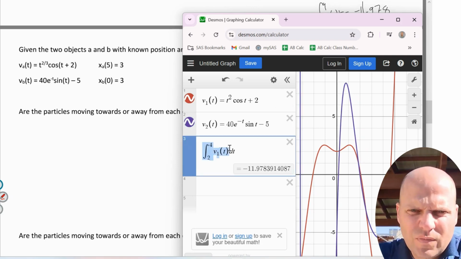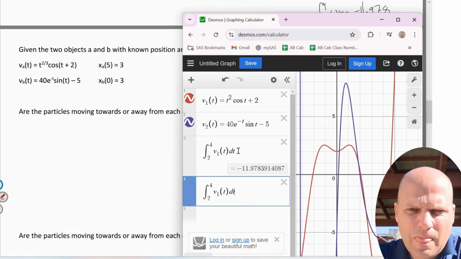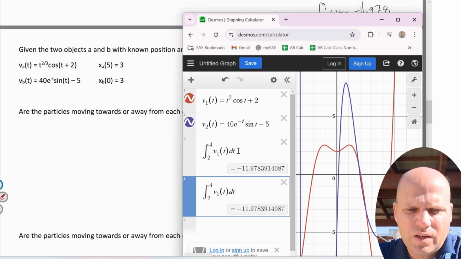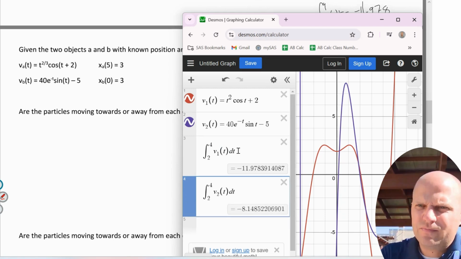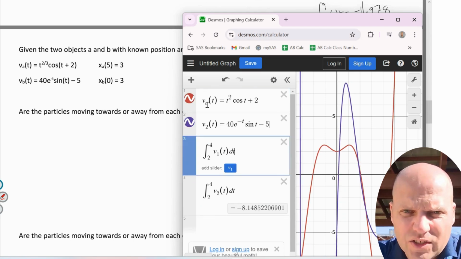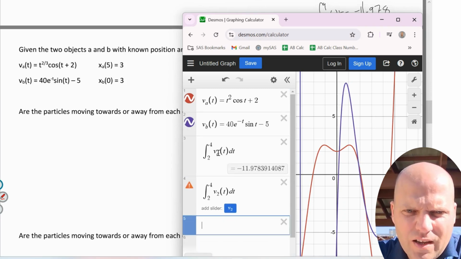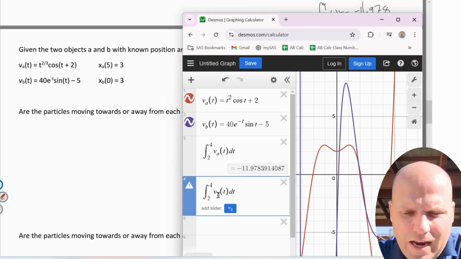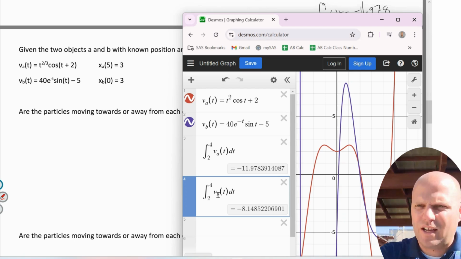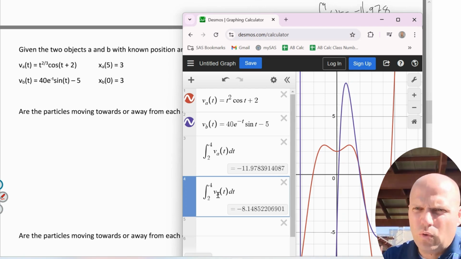Cool. V sub 2. Or you could literally do this as VA because it's just VB and this is VA. Yeah, there you go. Look, exactly what you have written. You can write it down. Okay, cool.